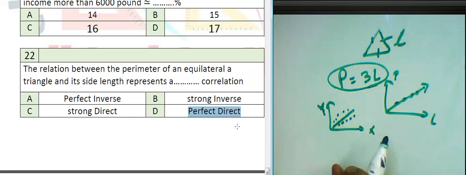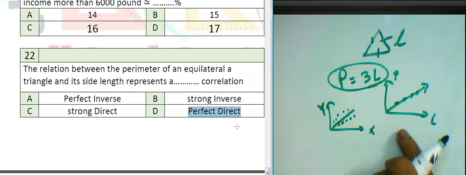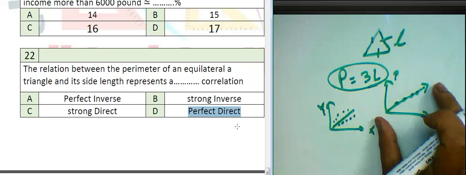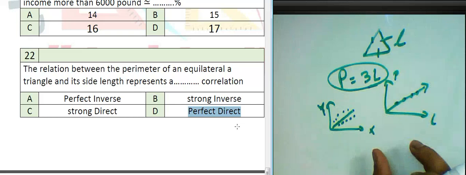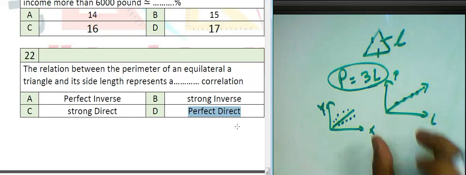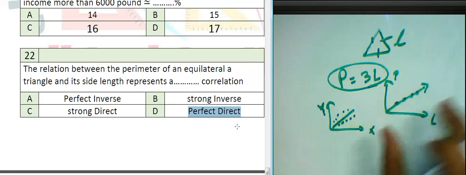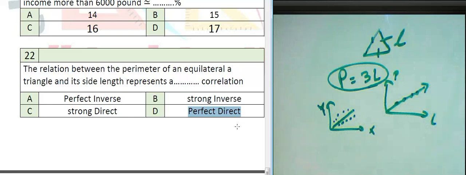But in this example, we call it perfect direct because all points lie on the straight line. Don't forget this example.